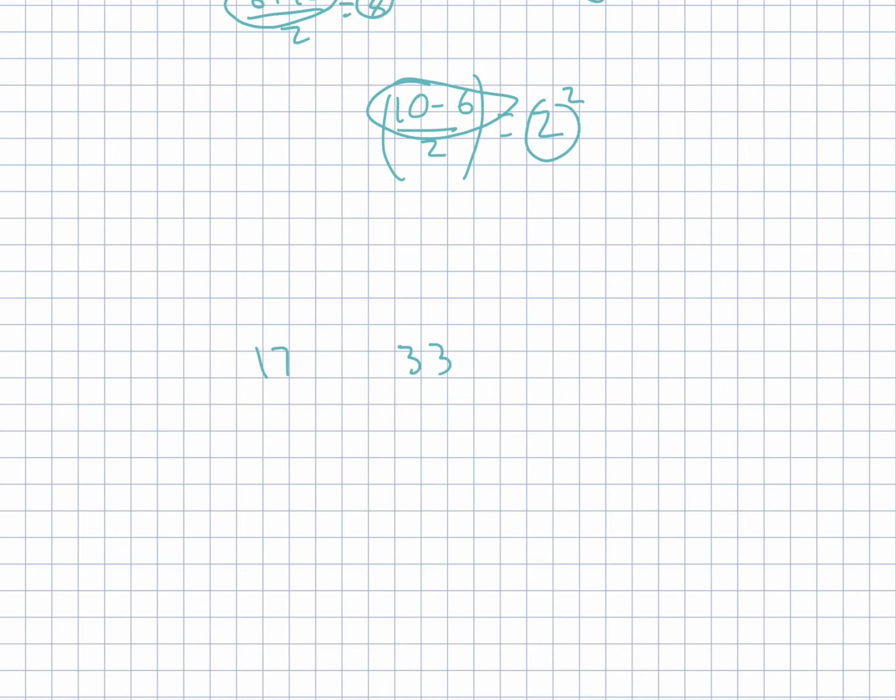So we can find the average of those two, 17 plus 33 over 2, and square it, minus 17 minus 33 over 2 squared equals some product, right? Which should equal 17 times 33.